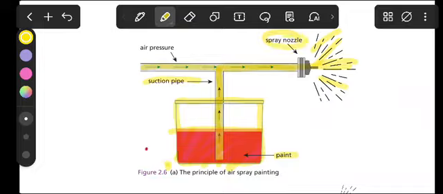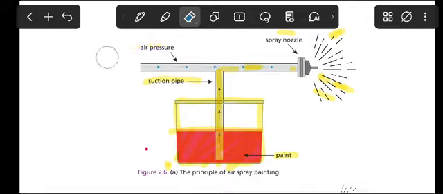You show things that are spraying. You write the air pressure. So you label this structure. This is the principle of air spraying paint, the structure of air spraying painting.